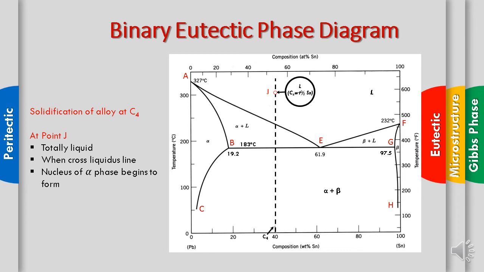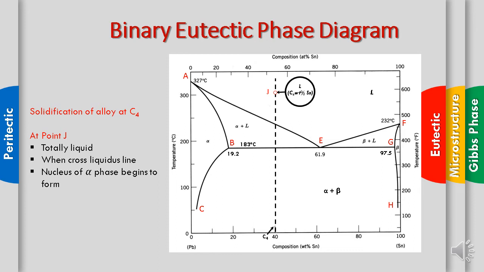So at J, we can discuss the totally liquid state, at the composition C4, which consists of 40 weight percent of tin. It is totally liquid until it crosses the liquidus line.